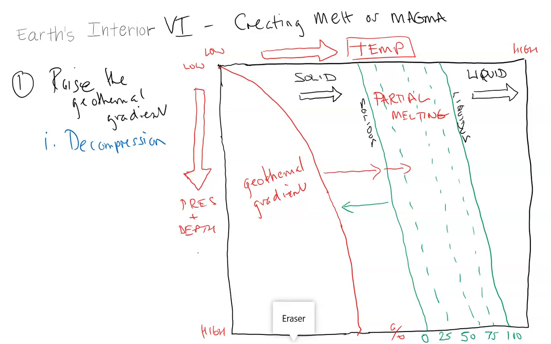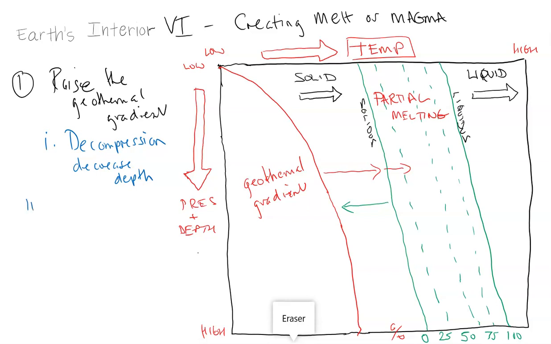And decompression basically decreases the depth, so it goes towards the surface and allows pressure to reduce, allowing the changes to occur. And that could happen through convection currents, through upwelling, or through various uplift, depending on the depth and the location.